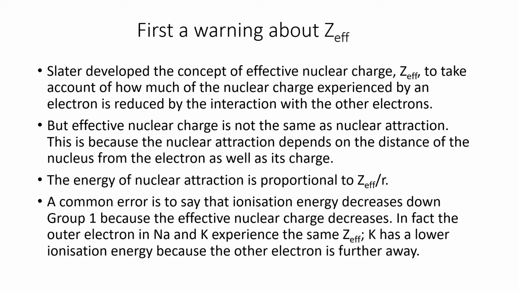There's a core of 8 electrons near the nucleus, and that effectively shields the valence electron. So it kind of cancels out the other 8 protons that you put in the nucleus. And since the extra protons in the nucleus and the shielding from the extra electrons cancel out, you actually have the same effective nuclear charge. So really it's the distance from the nucleus on account of the highest shell. That's the real reason that the ionisation energy decreases down the alkali metal group.